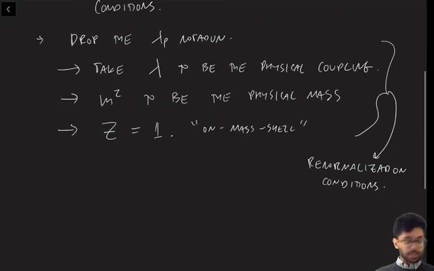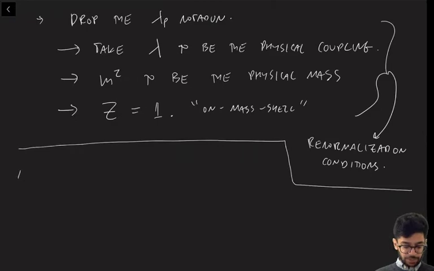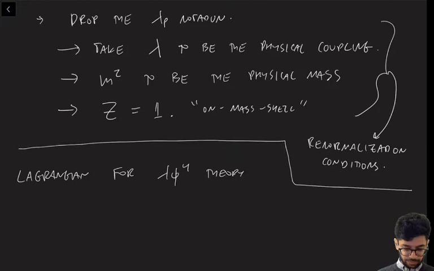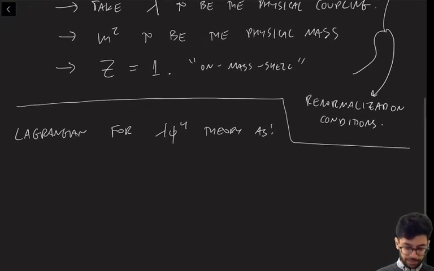Okay, now to make these ideas work, I'm going to write the Lagrangian for lambda phi to the fourth theory in the following way. So I'm going to write it so there's a piece that looks familiar to us.